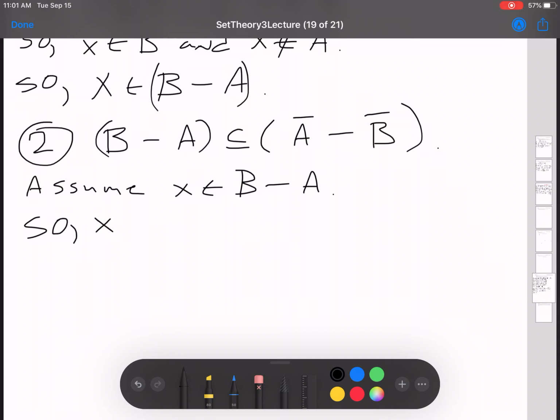Assume x is in B minus A. So the definition tells us that x is in B and x is not in A.